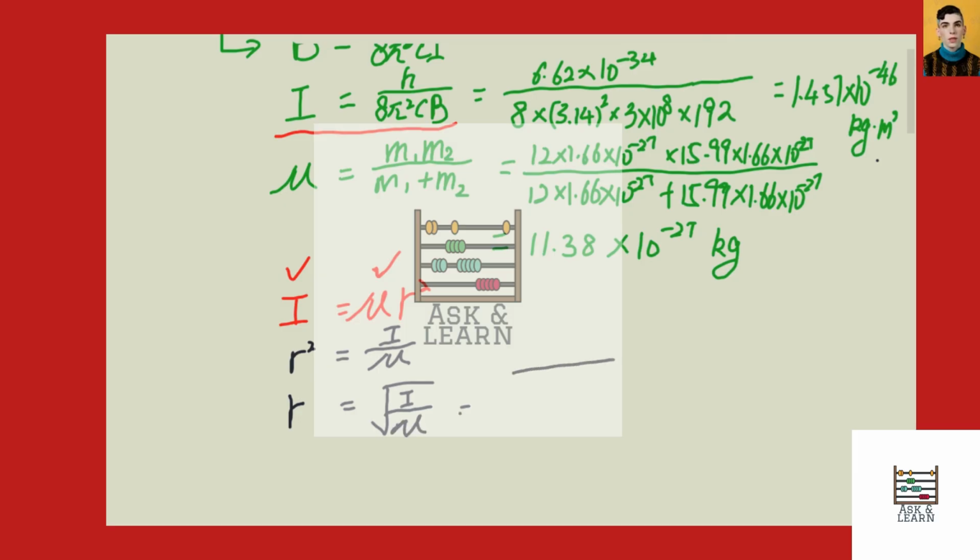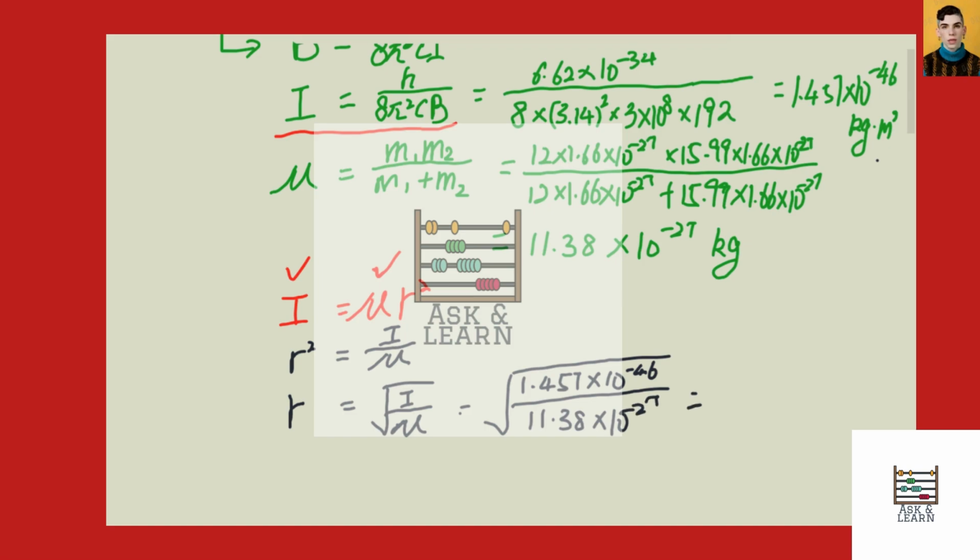And just plug in the numbers: 1.457 times 10 to the minus 46 over 11.38 times 10 to the minus 27.